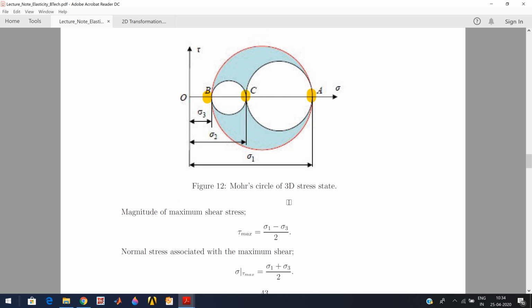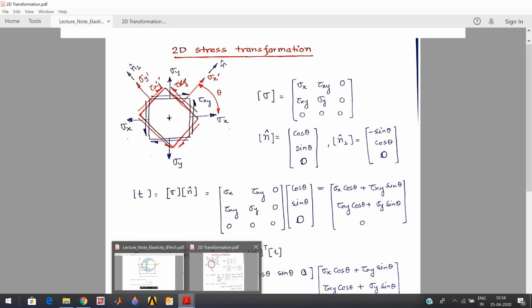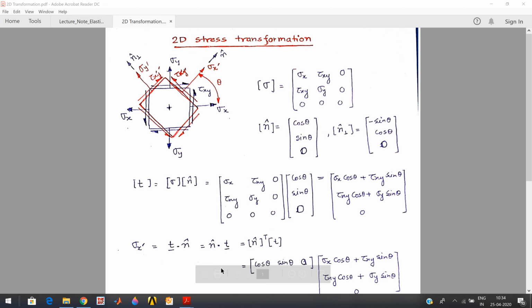If you remember in your first year mechanics course, you encountered the stress transformation and the 2D Mohr circles. For the stress transformation, you have probably done the derivation of sigma and tau in a different plane by using a balance of forces, a Newtonian kind of approach.